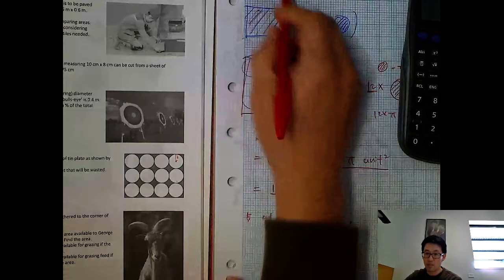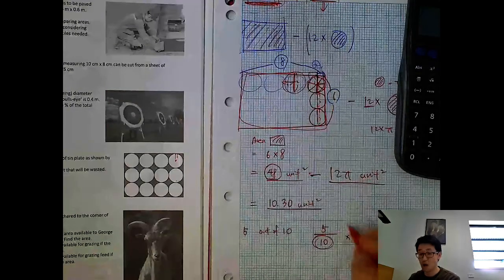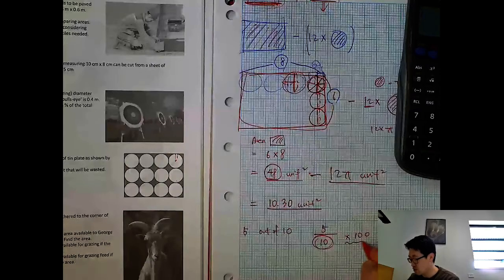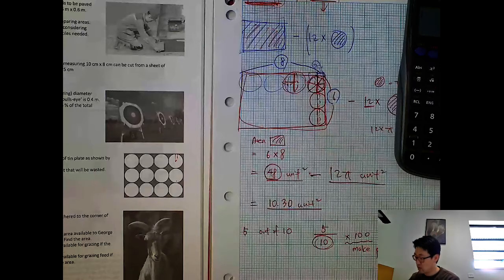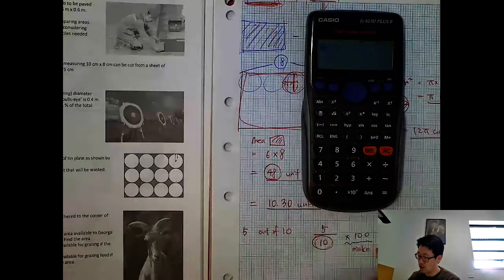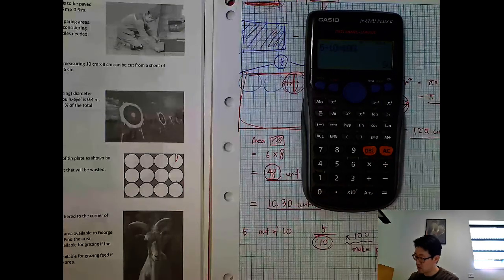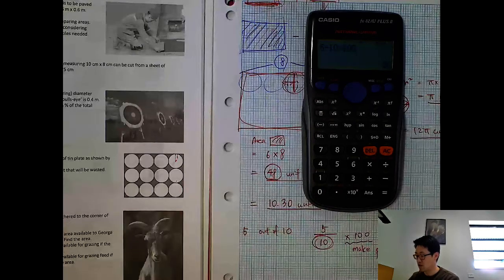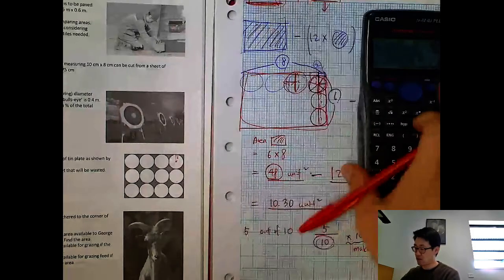Times, I'm getting percentage. Percentage is 100 unit, so I always do times 100. Then all I need to do, 5 divided by 10 times 100. I got 50%. It is true. 5 out of 10, that's 50%, isn't it? That makes sense.